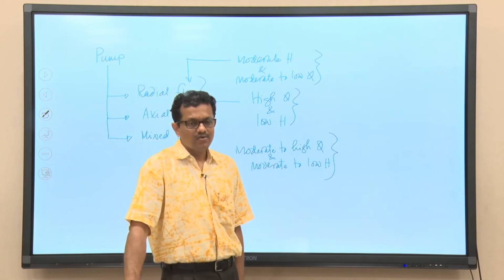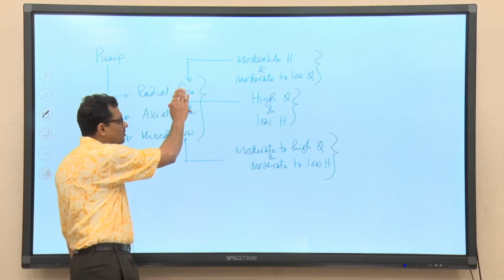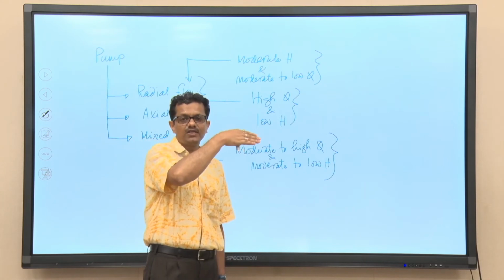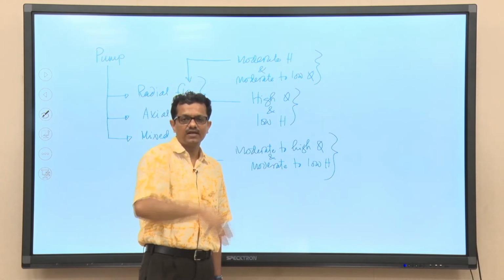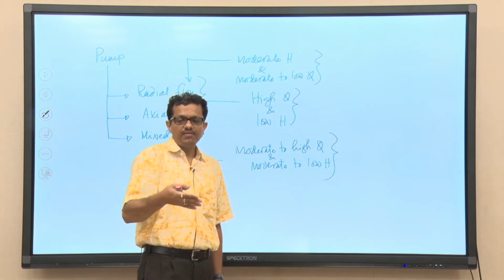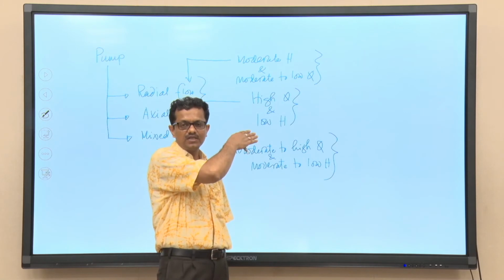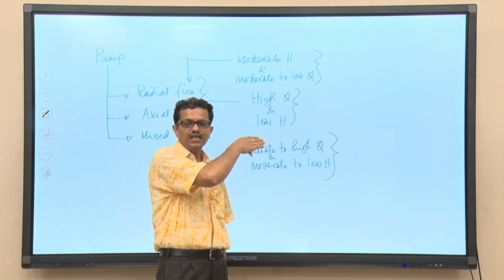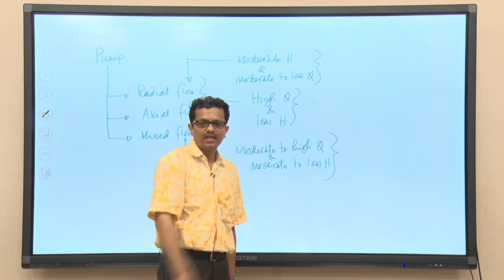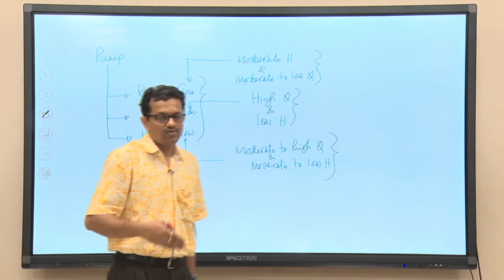So, today we will be discussing this: if a particular radial flow pump is able to meet the demand, whether used for domestic purposes or in other industries, and then with time the requirement from the same pumping station becomes higher, what should we do?